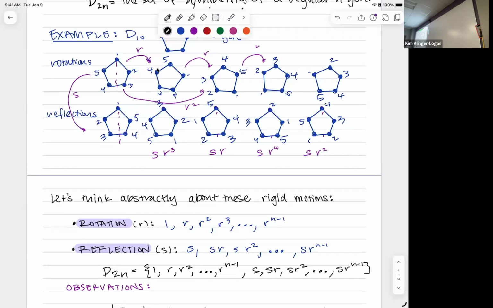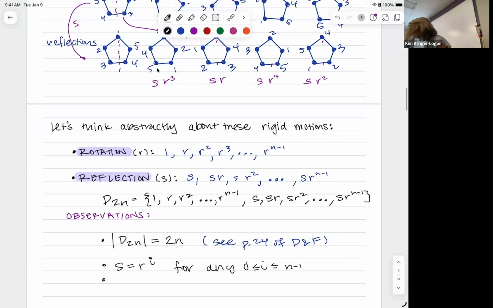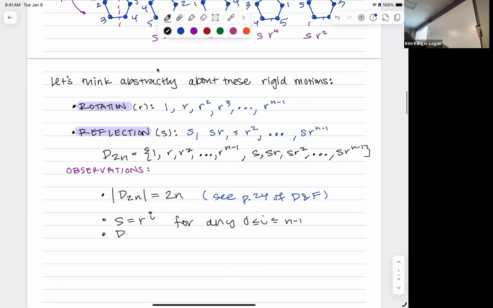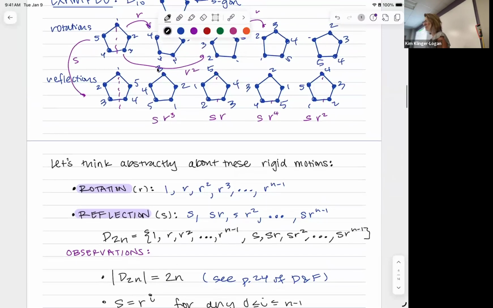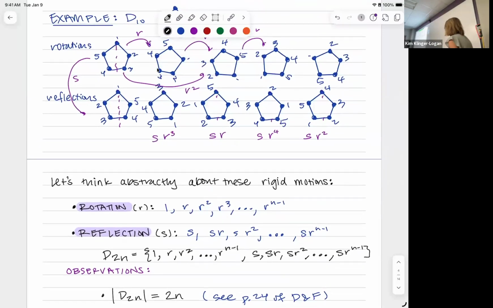If I look at something like s times r, does that equal r times s? So here's a question. Does s times r, or applying r first and then s, give me the same thing as applying s first and then r? That's the question. And I told you no, but I guess it could be true in certain examples, but it shouldn't generally be true.